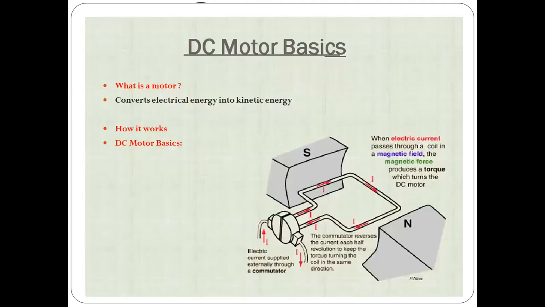The basic principle and working of the BLDC motors. The basic working principle of the BLDC motor is Lorentz law: when current carrying conductors are put in a magnetic field, the conductors experience a force, and due to that force we use the BLDC motor.